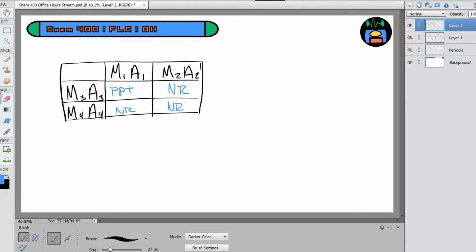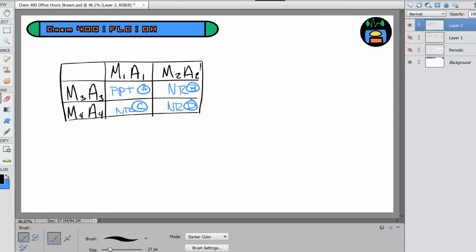So we know with precipitation reactions that I'm going to label these A, B, C, D. Every single point here gives you information about your anions and cations.